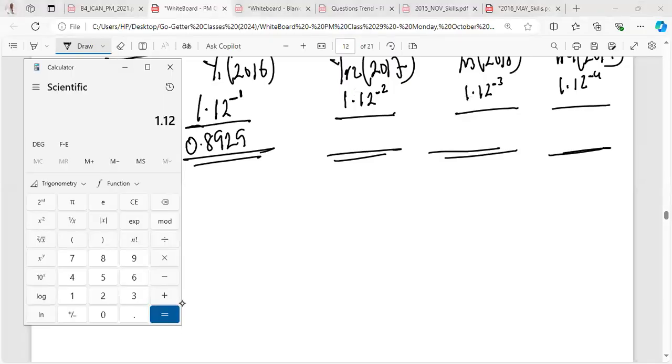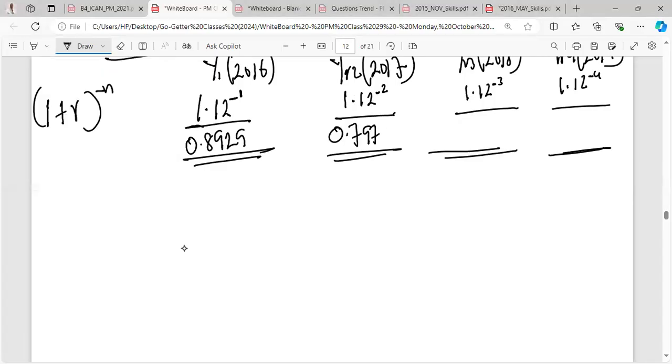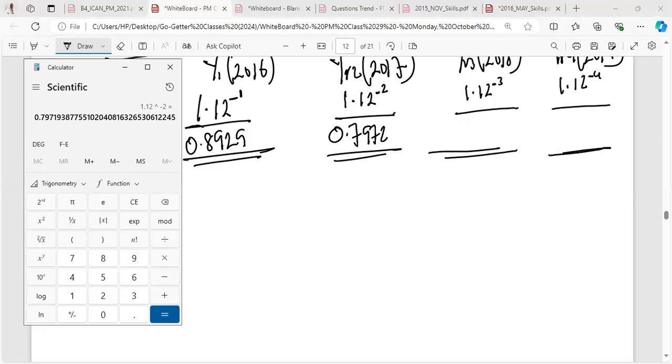Then this other one will be 1.12 raised to power minus 2. That gives me 0.7972. So we take it here.